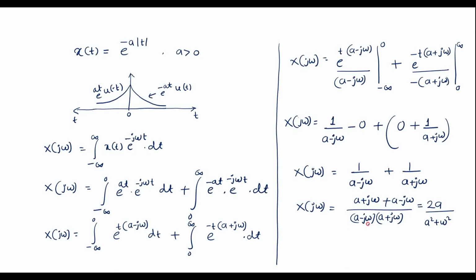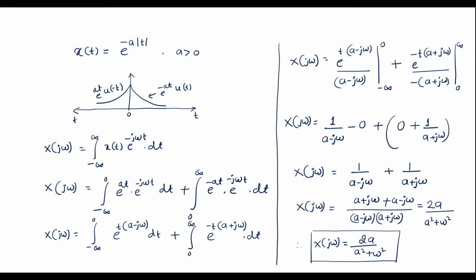That is in the (a+b)(a-b) form, giving a² minus b², that is a² minus (jω)², and j² is minus 1, so it is a² plus ω². Therefore X(jω) is equal to 2a divided by (a² plus ω²). This is the Fourier transform of the given signal x(t).